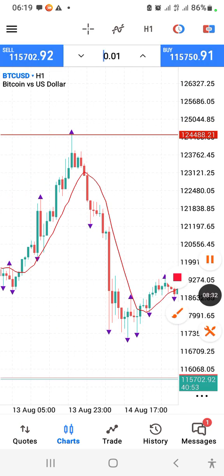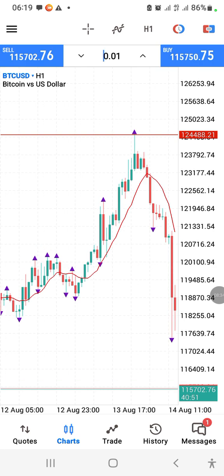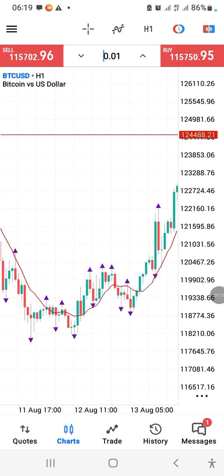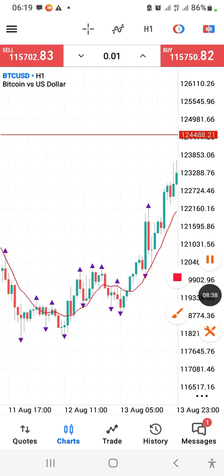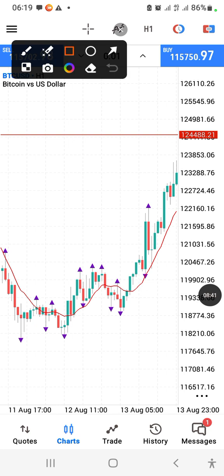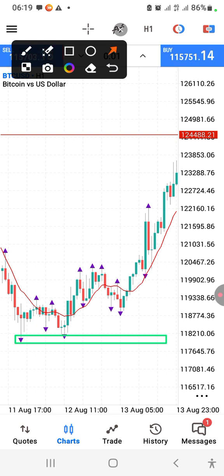Now for those of you that wanted to sell, the market moved from here. It moved from here. And immediately you now saw that the candle was above the moving average. Now, did you just enter the trade right here?